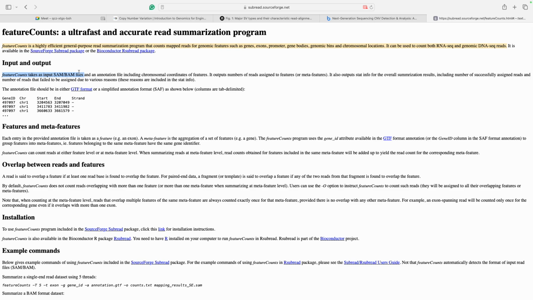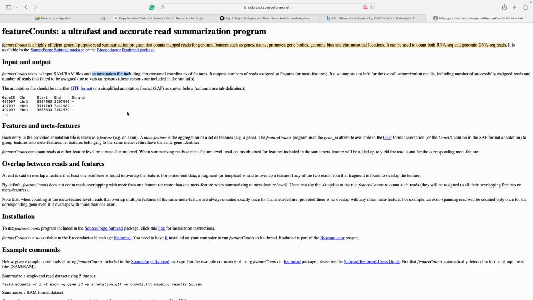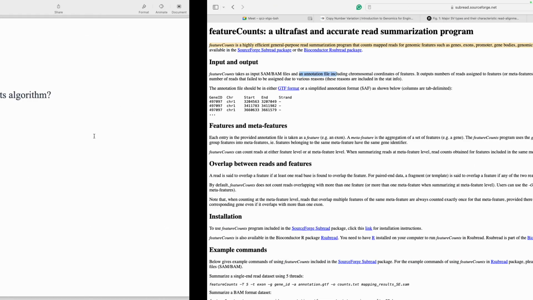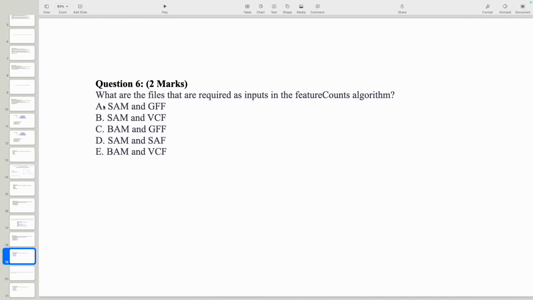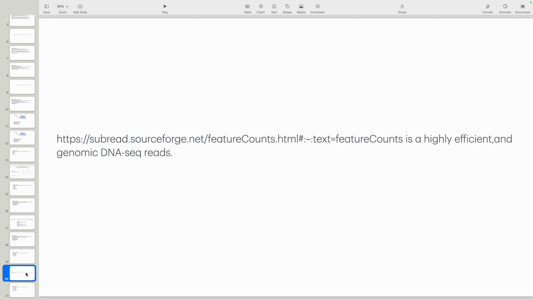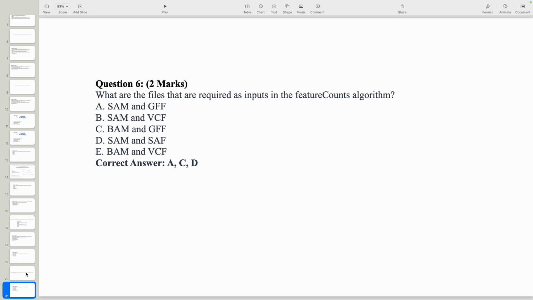So for the input it requires a BAM or SAM file, and the gene annotation file that we got, which is either our GFF file or simplified annotation format. So as an input it requires the alignment file as well as the gene annotation file. So the correct options would be A, C and D.